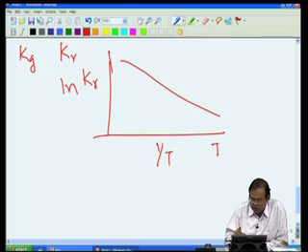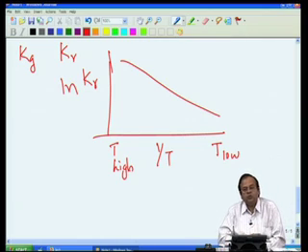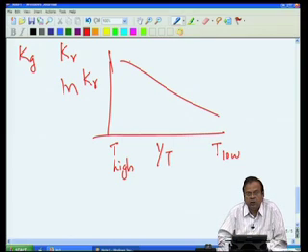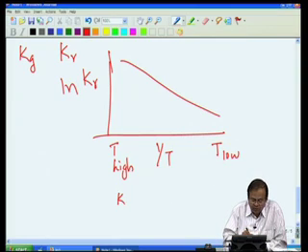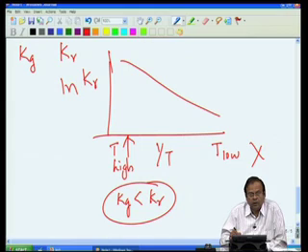Now, this is temperature low, this is temperature high. What happens when you increase the temperature from a low value to a high value? The Kr value, or the kinetic rate constant, increases. That means the probability that Kg will be less than Kr is much higher towards this end rather than this particular end.